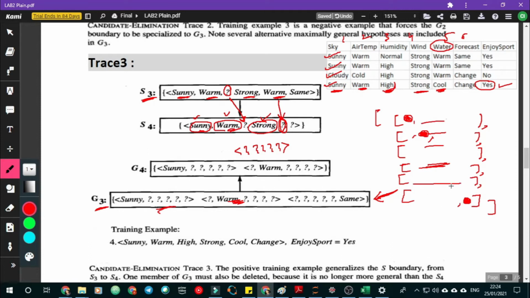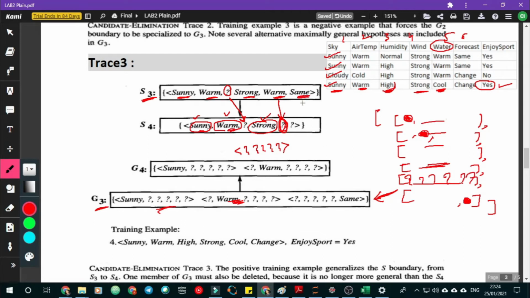Right? Okay. And if both are different, warm and cool, and we change the specific hypothesis to question mark, we also need to change the general hypothesis to question mark. If we had anything before here, I need to change it to question mark. Since it is question mark before, no need to change, even if we change it still looks the same. Clear? 1 2 3 4 5 6.